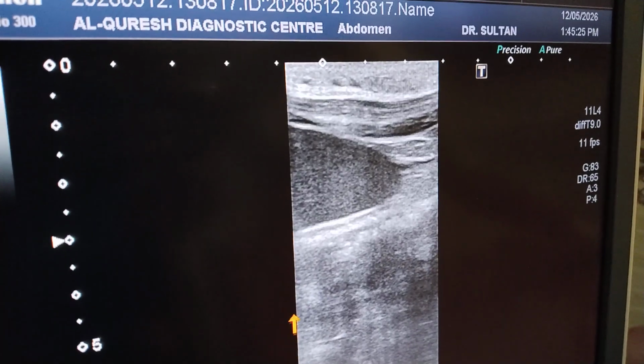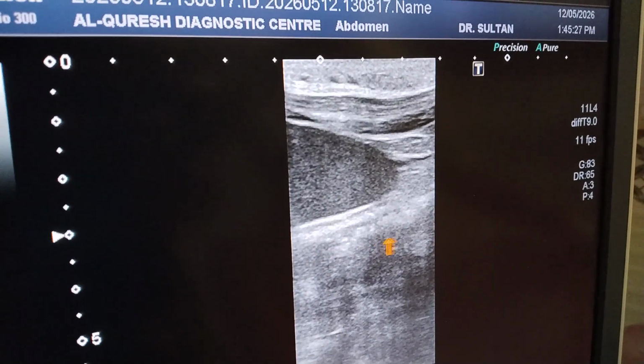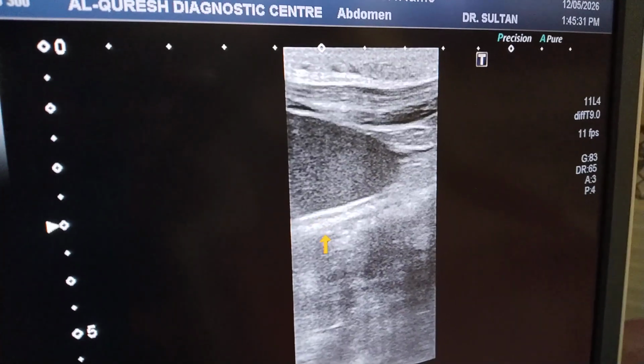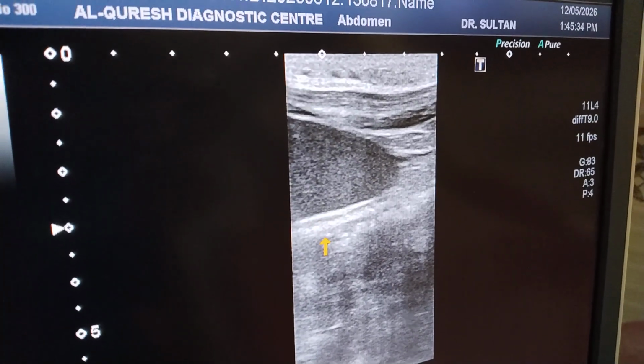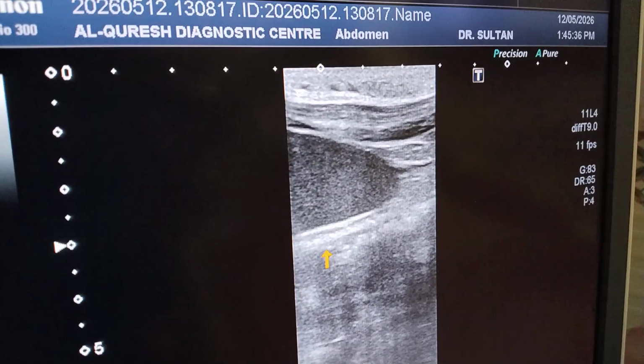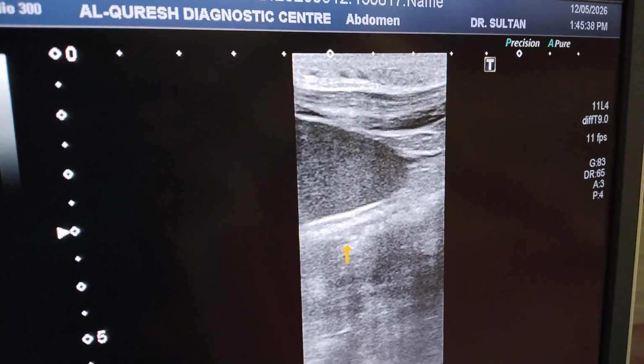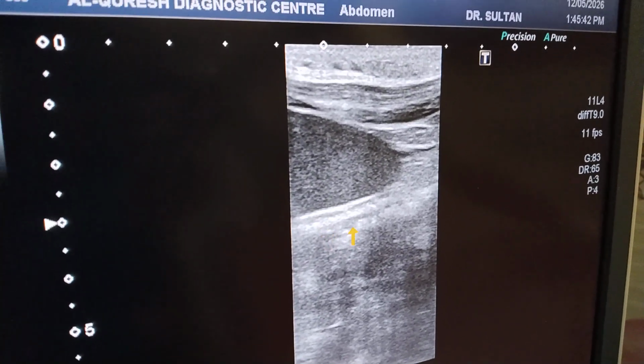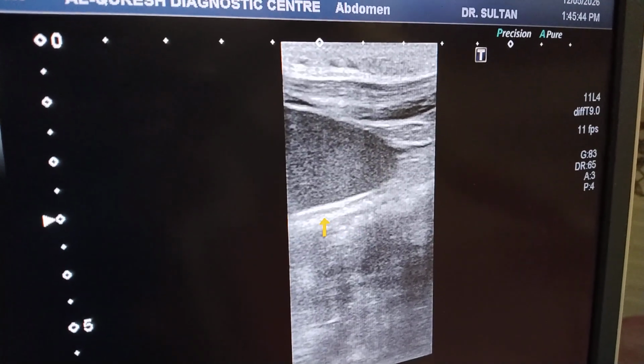So here we can appreciate this is the cortex of the left kidney, and these are the echogenic lines which we are appreciating with the convex probe.